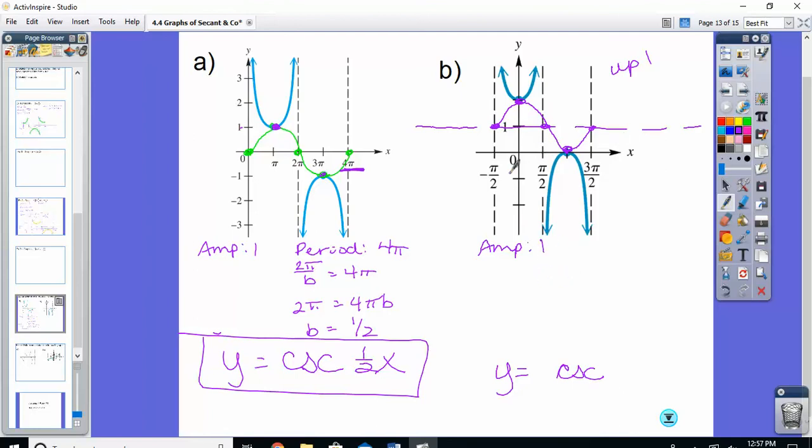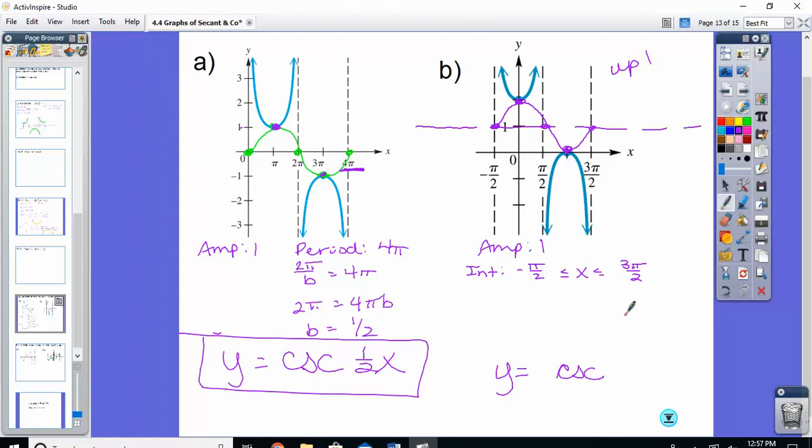Okay. I can do my period, but it's a little bit different here because my graph doesn't start at 0. This one has been shifted left or right. So let's use the interval to help us. This one starts at -pi/2 and ended at 3pi/2. But normal sine or cosine would start at 0 and end at 2 pi.